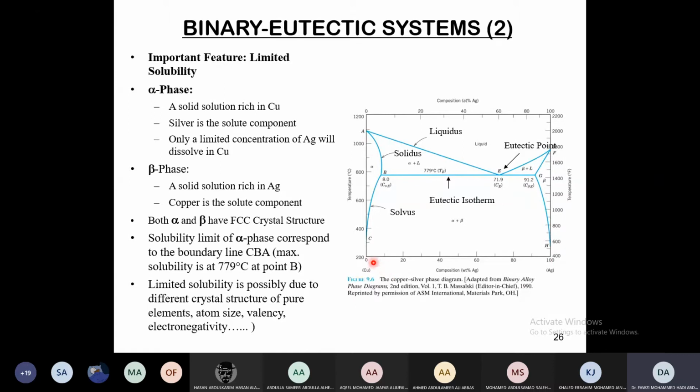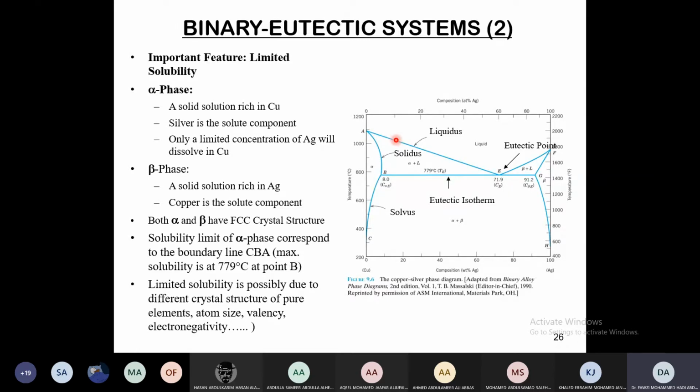As we increase the amount, starting from 0 copper, as we increase the silver in the copper as a solid solution, we notice that that's the melting point temperature of the copper. What does it do basically? Adding the silver is reducing the solubility.